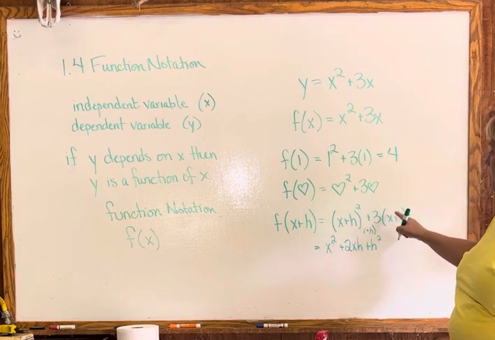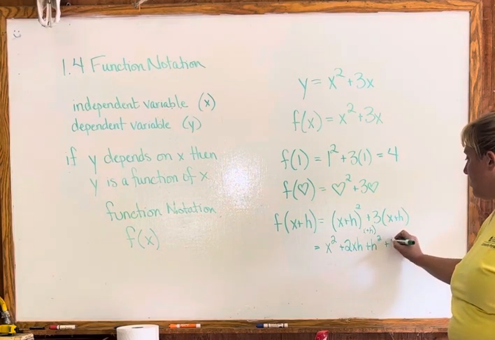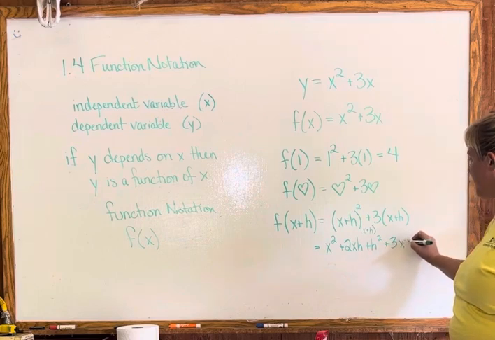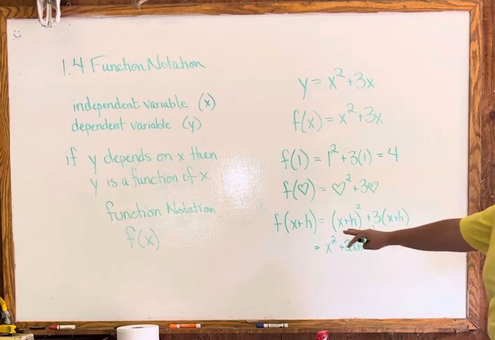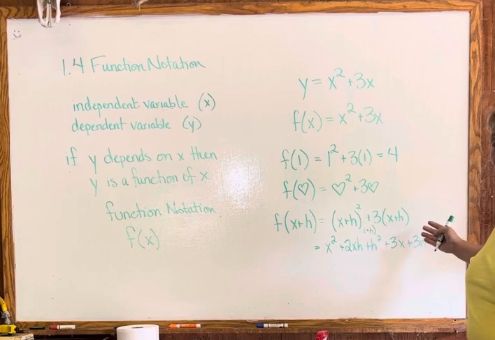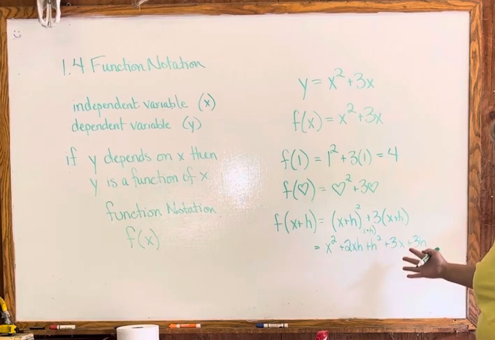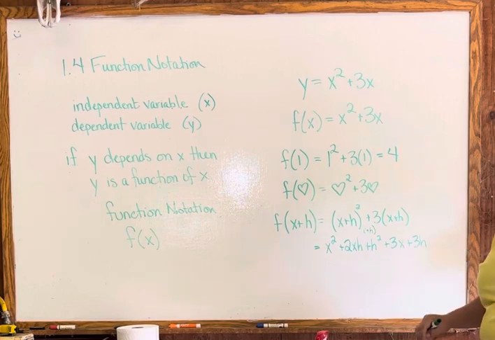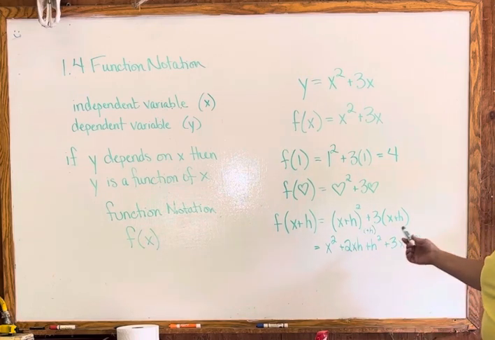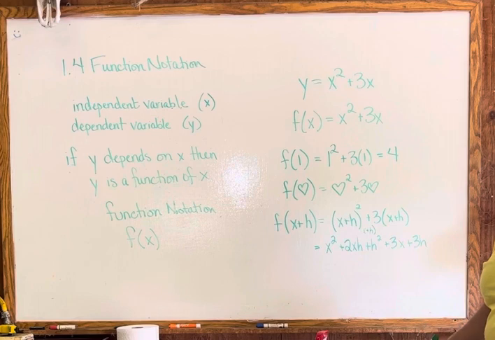And then here we can distribute in this 3, so plus 3x plus 3h. Now, that didn't really get much simpler. It actually got uglier. But if it asks you to plug this in and then work out or expand or multiply, it's actually asking you to work out the problem. Doesn't look prettier, but what are you gonna do?